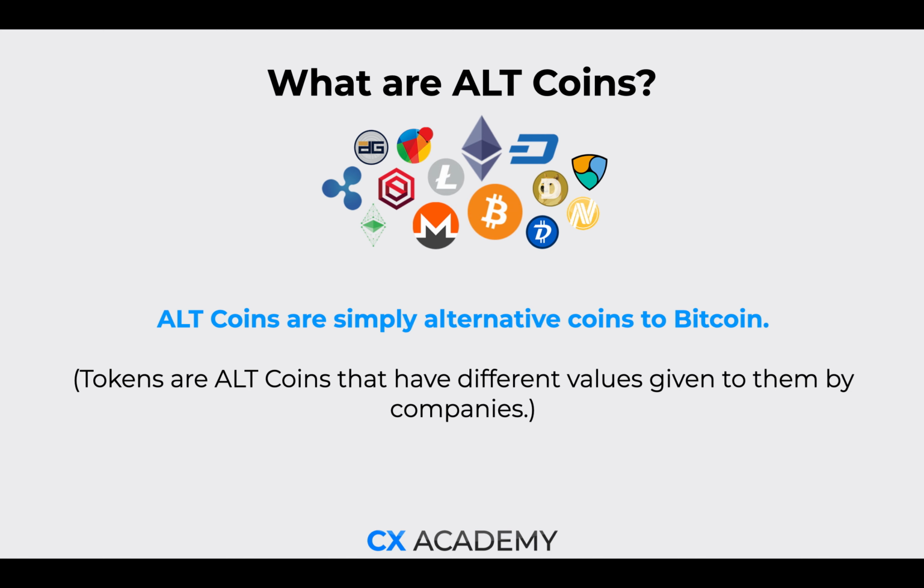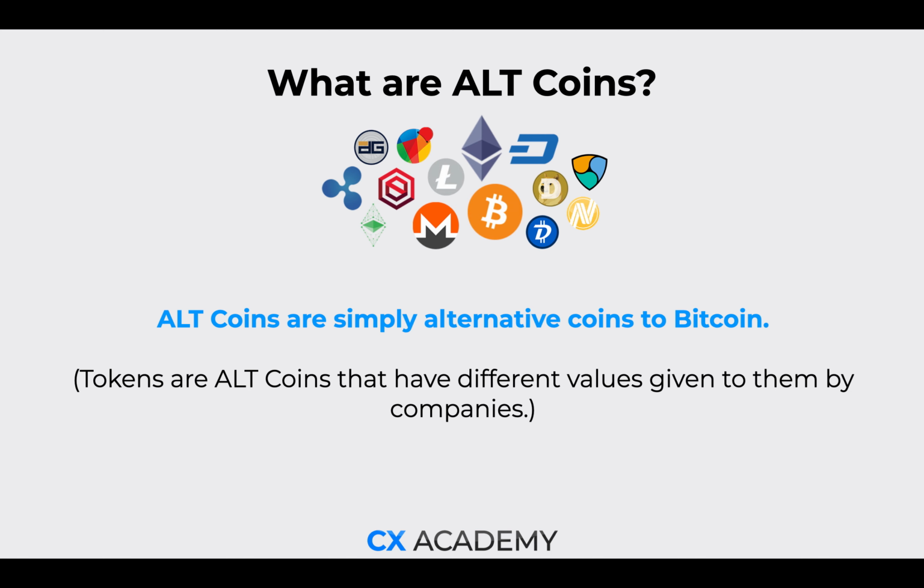Now, there are other types of cryptocurrency. There are alternate coins, which kind of summarizes everything other than Bitcoin, as we can see on the screen. Altcoins are simply alternative coins to Bitcoin. So we categorize everything else under altcoins.